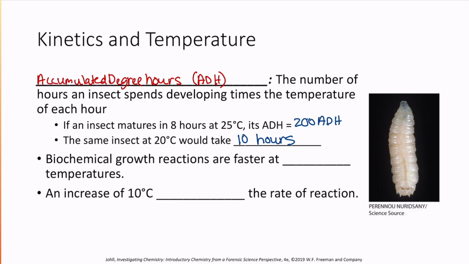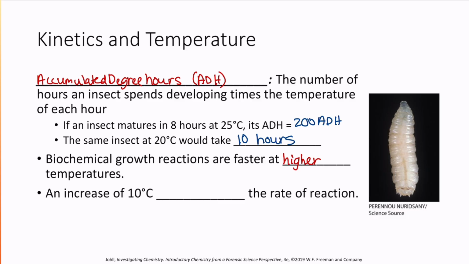Biochemical growth reactions are faster at higher temperatures. So the higher the temperature is, the faster the reaction is going to take place. And we can see that because at 25 degrees Celsius, it takes 8 hours to get the 200 ADH. If we lower that by 5 degrees, now we add 2 hours to get the same ADH.